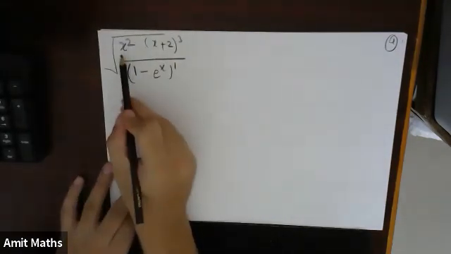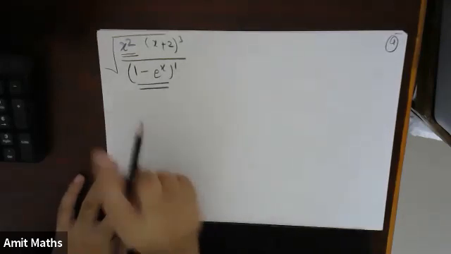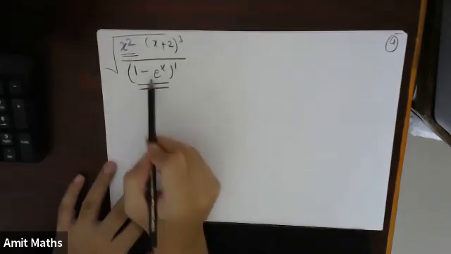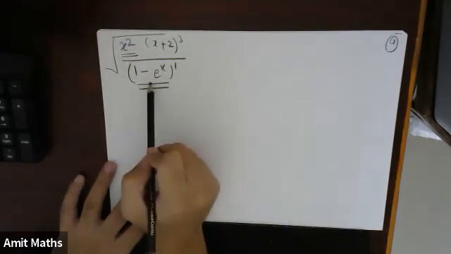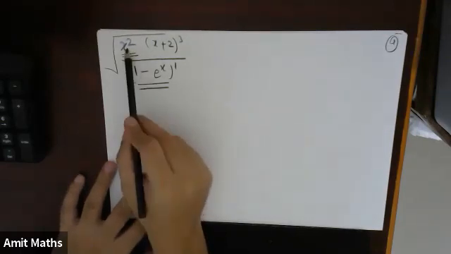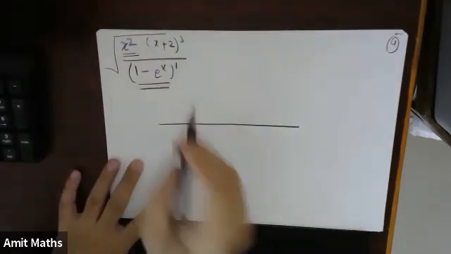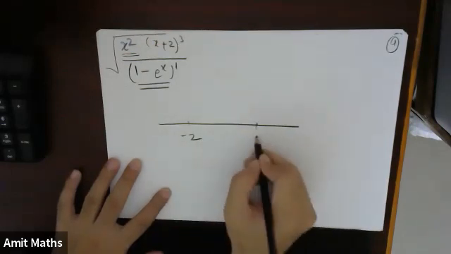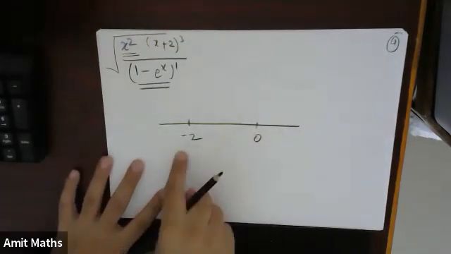Now for this one and this one, what are the critical points? For both of these, the critical point is 0. And for this one, I had the critical point as minus 2. So minus 2 and 0. These two are the critical points.